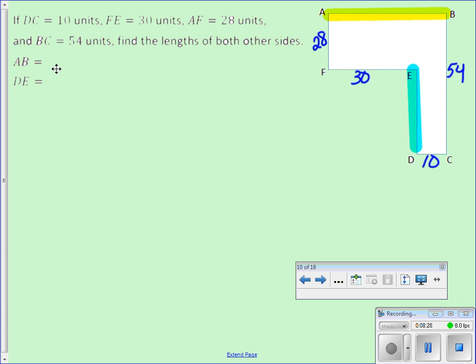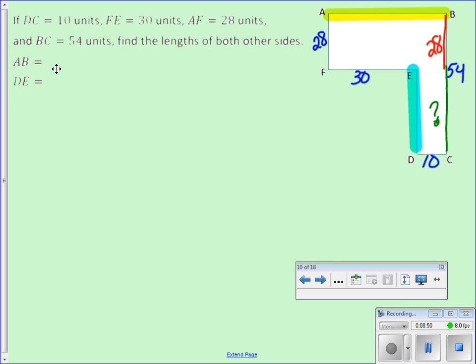So let's take a look. If this is 28, and I slide that over, this is what I'm trying to find, and I slide that over.